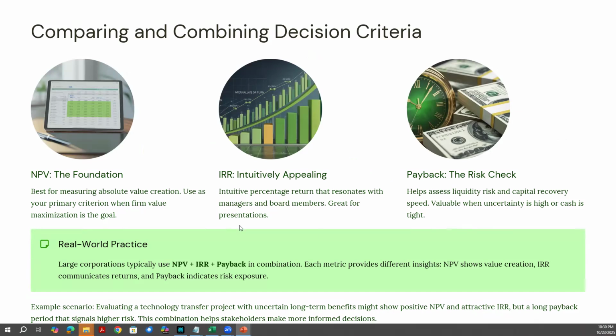Okay, so just to recap, the NPV is the theoretically most reliable method. It focuses on value creation, how much the benefits exceed the cost in present value terms. The IRR is intuitively appealing.